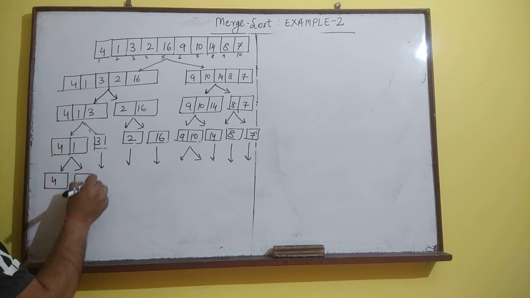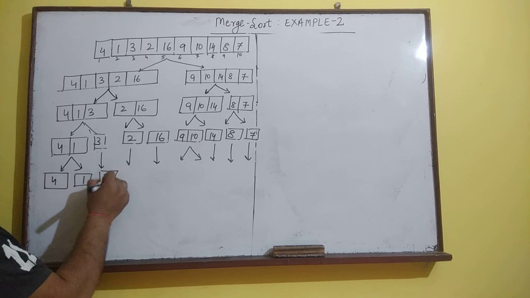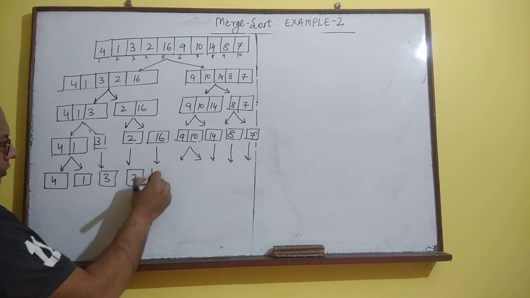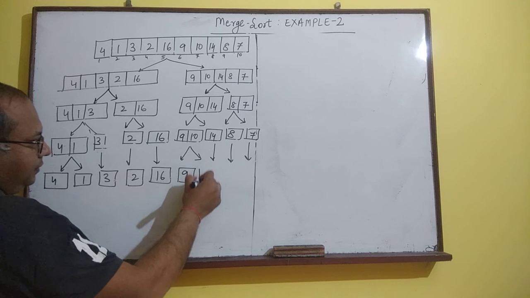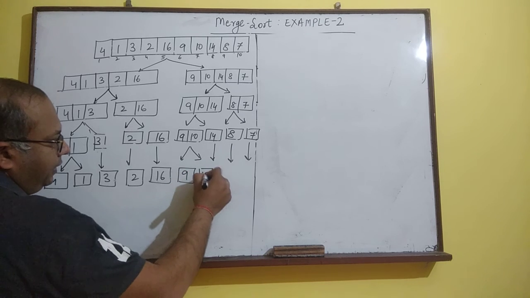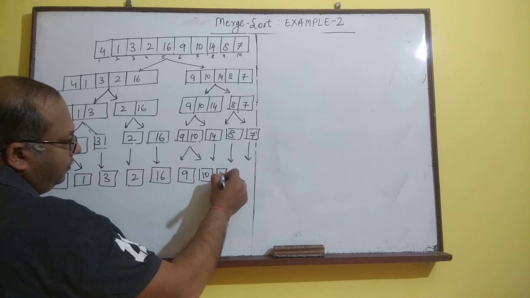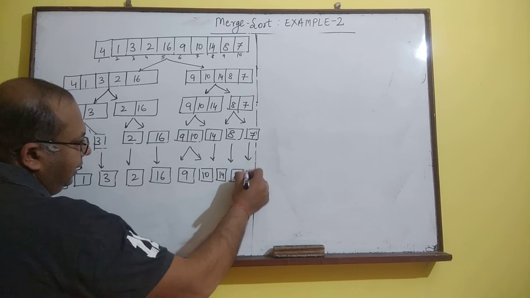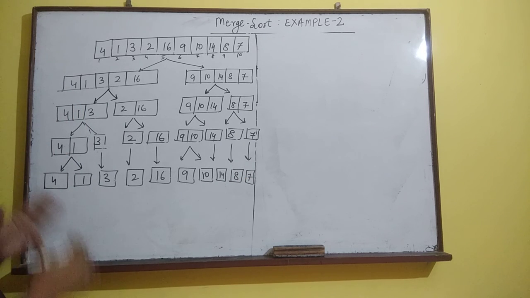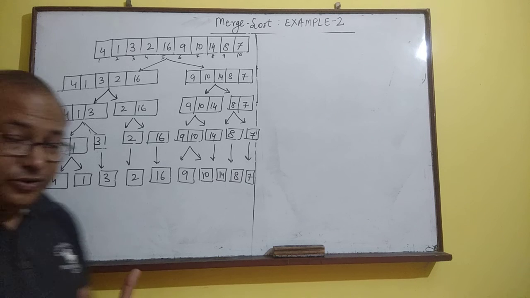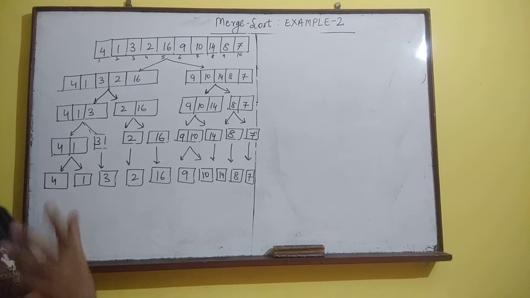So 4, 1, 3, 2, 16, 9, 10, 14, 8 and 7. After dividing, because in merge sort conquering is not required, we directly combine them.